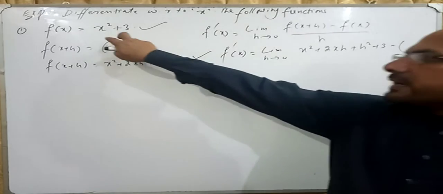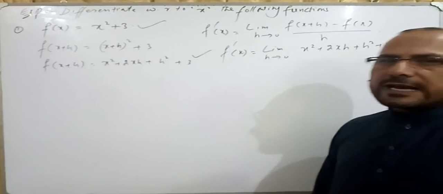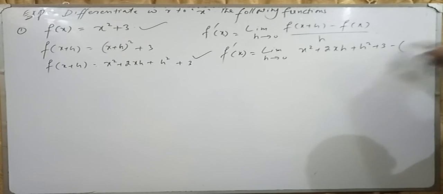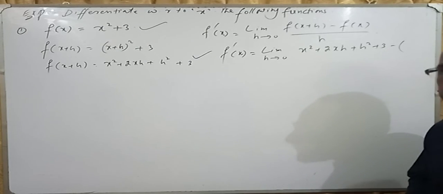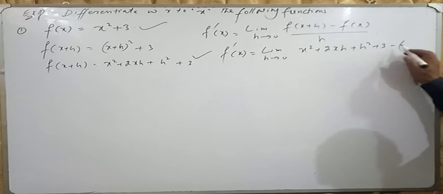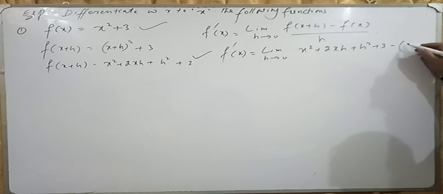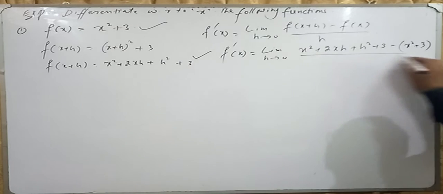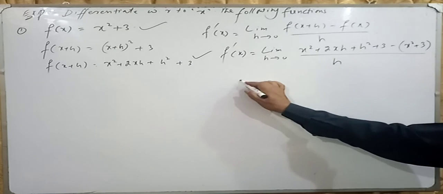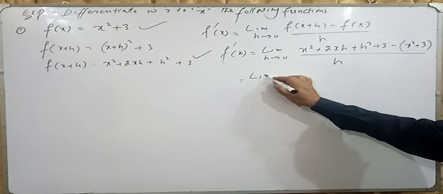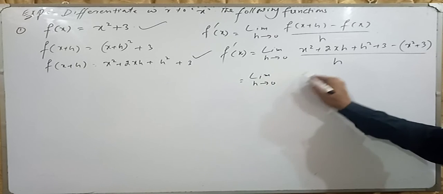When you are putting the value of f of x, if it has more than one term, then you have to put brackets, because you have to multiply the negative sign inside the bracket. This point is very necessary to understand. So here you put the value of f of x, which is x square plus 3, divided by h.